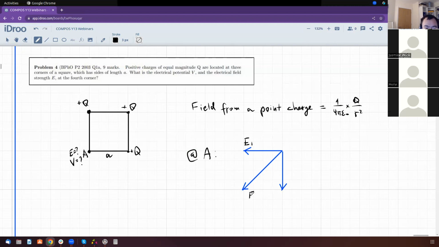E1, E2, E3. It's a subtle mistake, but it is a mistake. So I'm standing at point A and being pushed by 3 electric fields in 3 directions. Where's the mistake in my diagram?